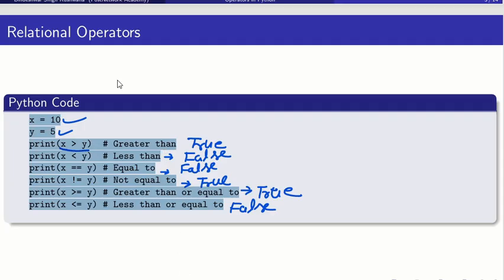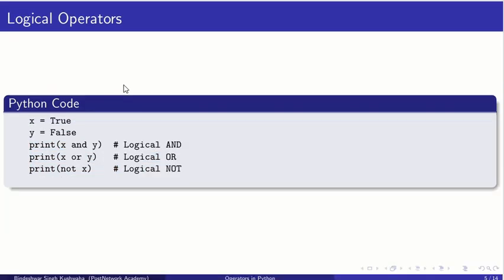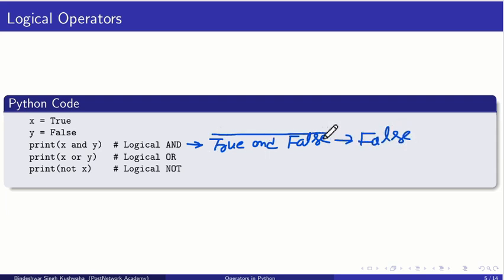Let us see the third operator. This is the logical operators. Here, AND means that if all the statements are true, then the complete statement would be true. That means here x and y, that means true and false, and this will imply false, because in an AND operation all must be true for the result to be true.